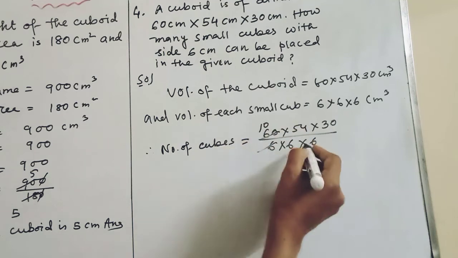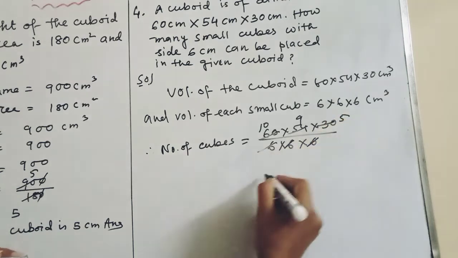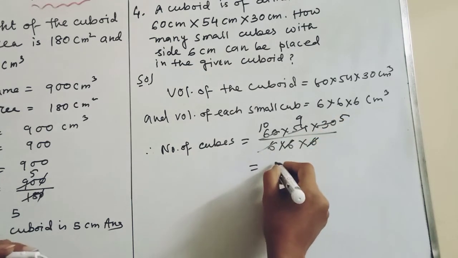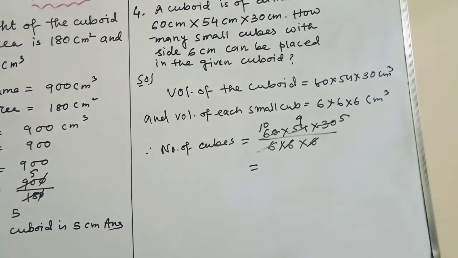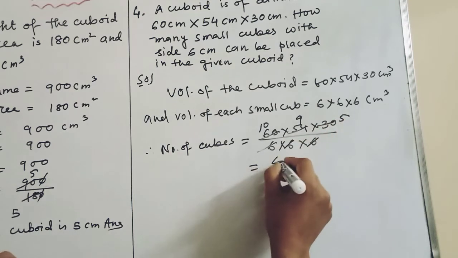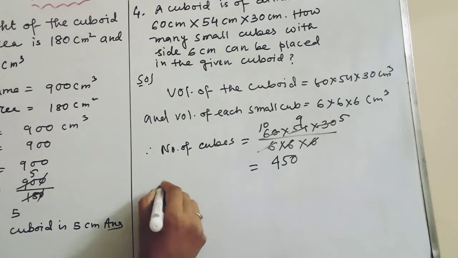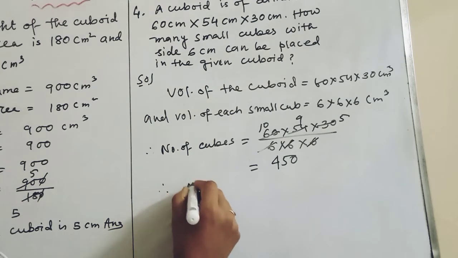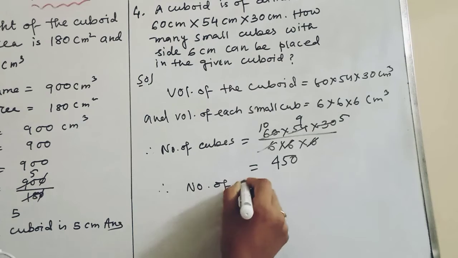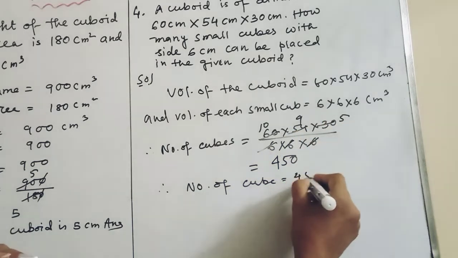Multiplying it all, we get 450 small cubes. Therefore required number of cubes is equal to 450.